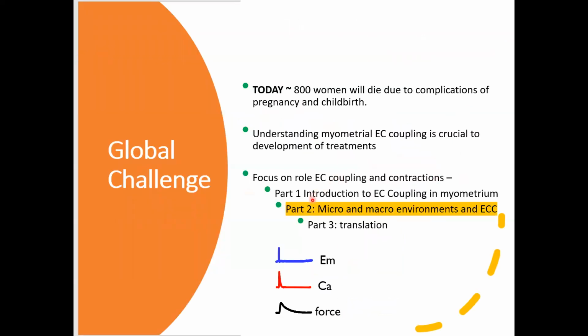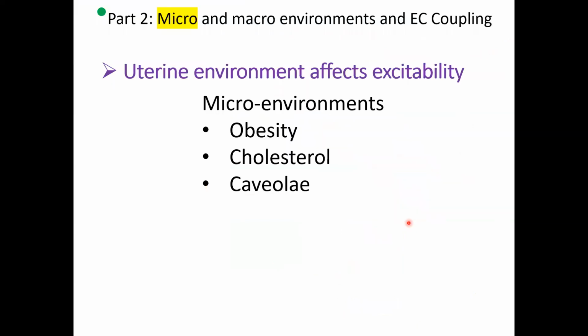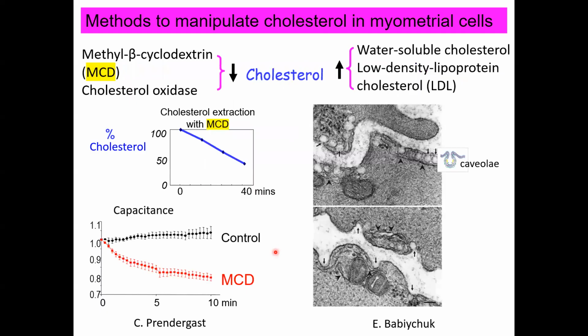So I want to talk now about the micro and the macro environments and EC coupling. And I want to focus on, briefly, obesity, cholesterol, and caveolae. So caveolae are signaling hubs, these invaginations of the surface membrane, and they're rich in cholesterol.